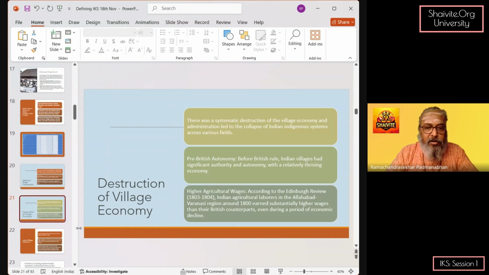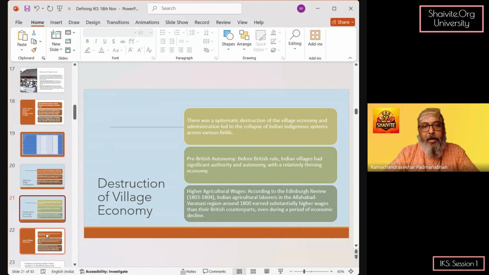So what caused the loss of Indian system? The destruction of village economy, and most importantly, the fact that our cultural pride was destroyed.